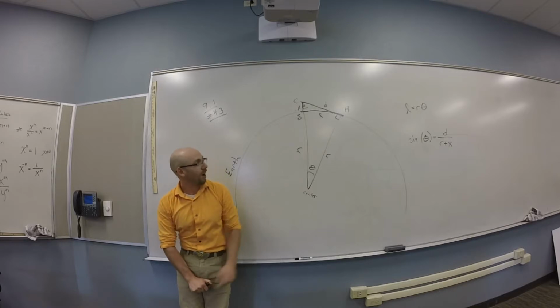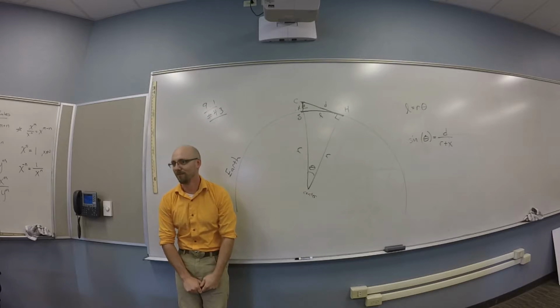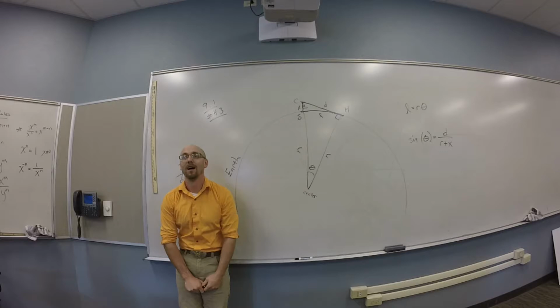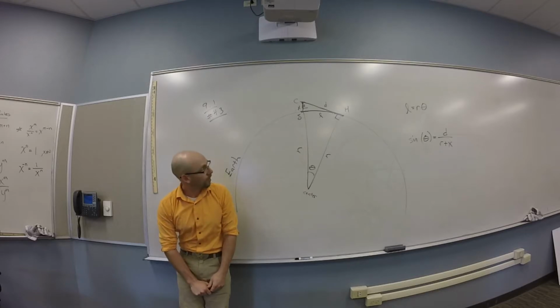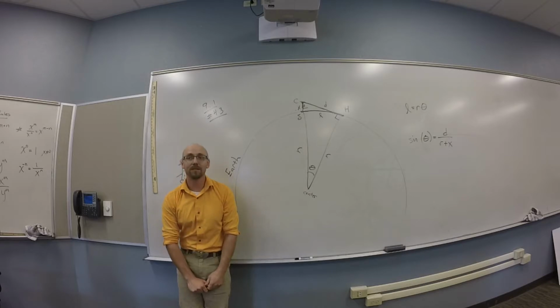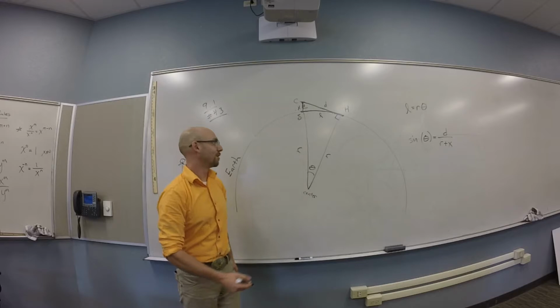Okay, so I think I should be able to get theta somewhere. How do I get theta? Inverse sine. Or you could divide by R on the top one. Yeah, that would totally work. That's probably the easy one, right?